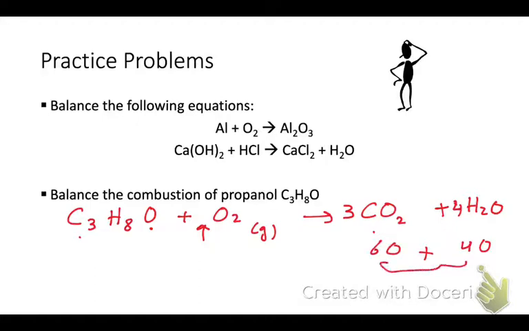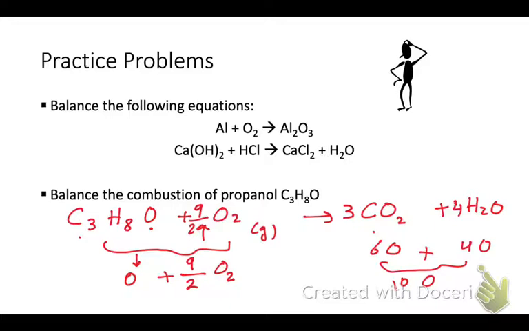Together is a total of 10 oxygen atoms. Now, in the reactant side, I also need 10 oxygen atoms. However, one of them is coming from propanol. So from O2, I need 9. However, since it's not O, it's O2, I have to say it's a fraction, 9/2. So my coefficient here will be 9/2.